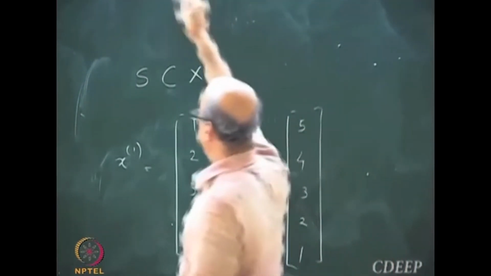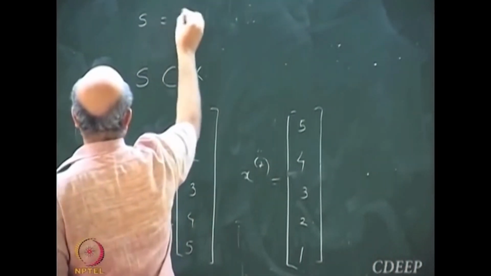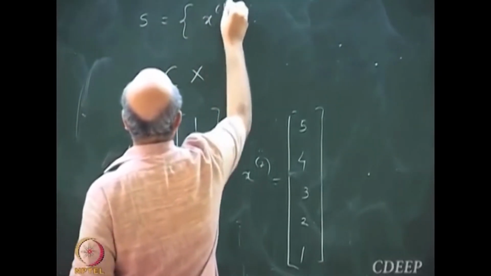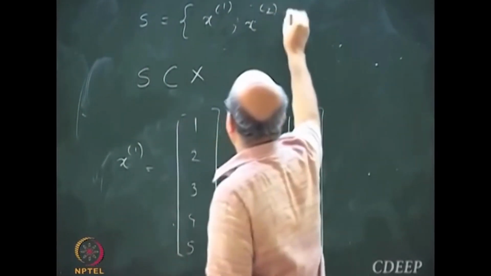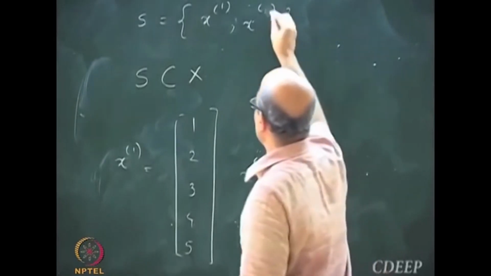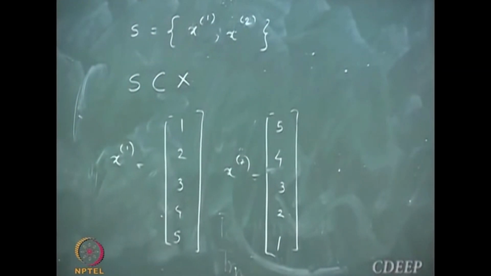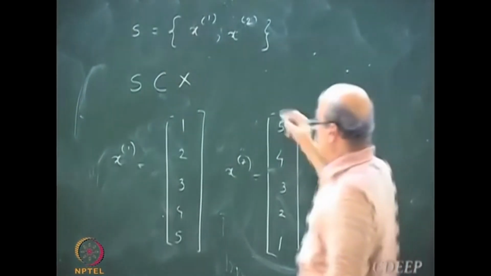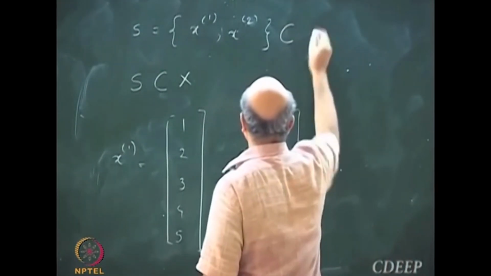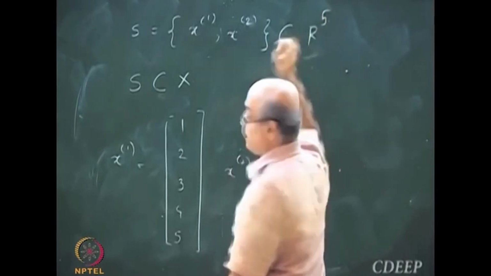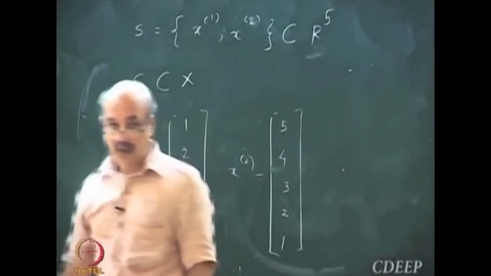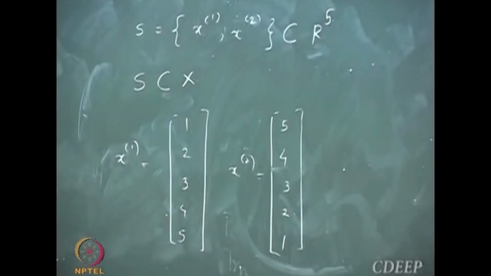So I can define a set S, which is x1 and x2. These are two elements in this set, where S is a subset of R5.